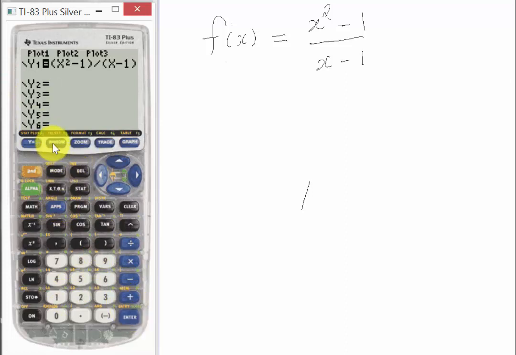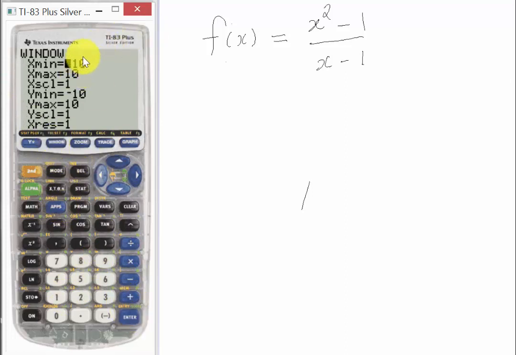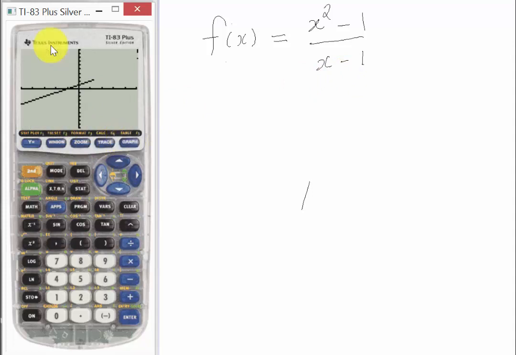Then go to window to see whether we have a good window. The x values go from negative 10 to 10. We really don't need that much. We can go negative 5 to 5 because we want the limit as x approaches 1. And the y minimum to maximum is okay. Let's graph it. Here's the graph that we see.